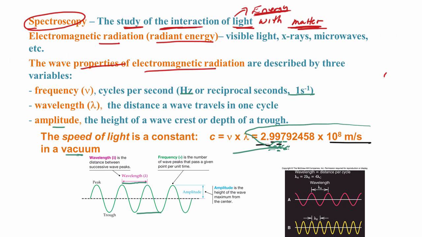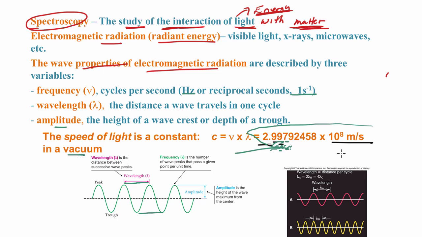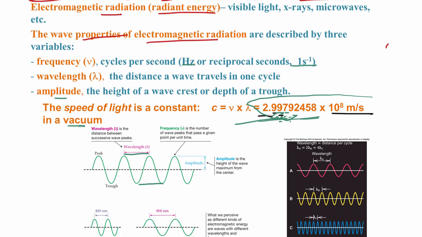And we usually round that to 3.00 times 10 to the 8th meters per second. So the speed of a light wave is dependent on the medium through which it passes. And again, it just so happens in a vacuum, the speed is 3.00 times 10 to the 8th meters per second. Actually, the speed in air is slightly less, so for our purposes, we will use this value here when we do our calculations.